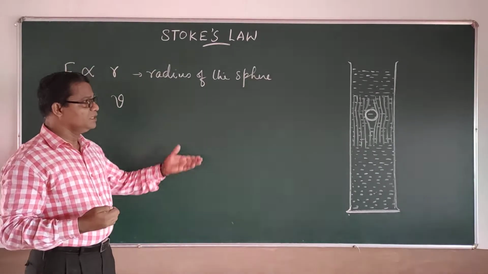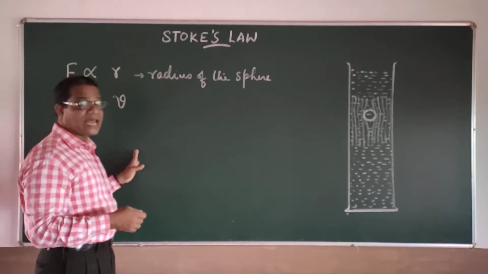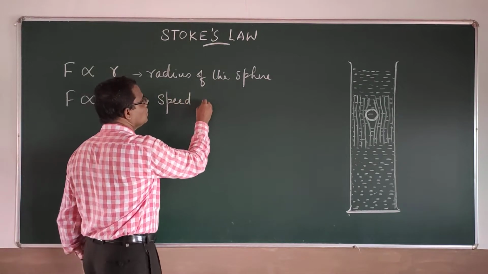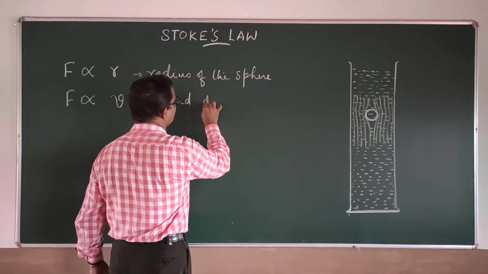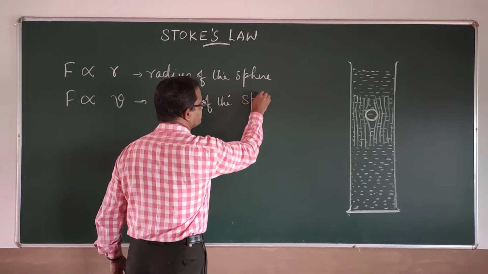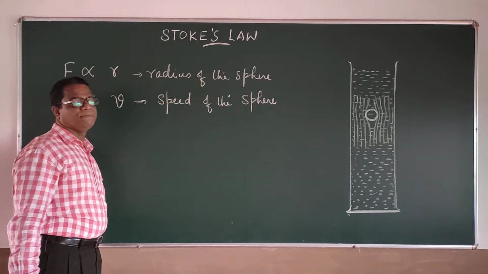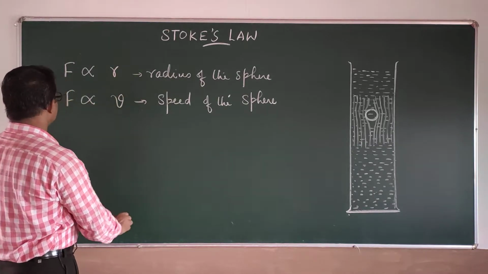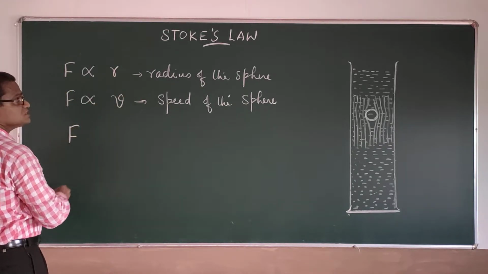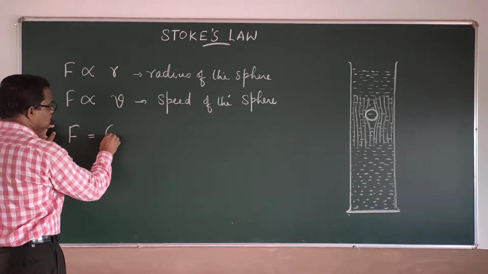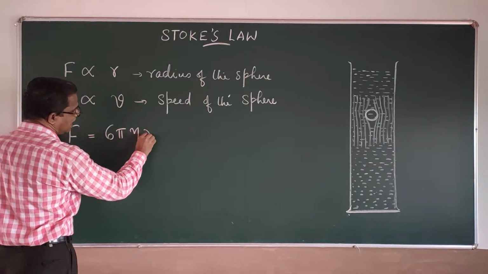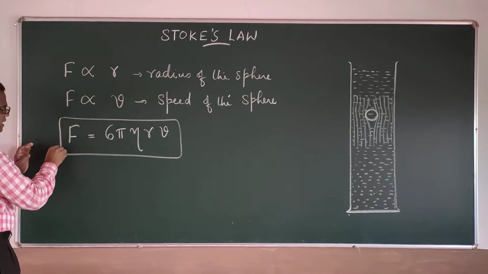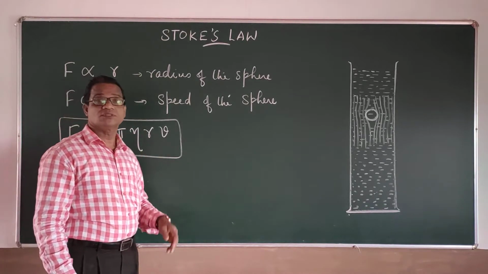If the speed of that ball is fast, then the viscous drag is also increasing. Taking all this, we can get an equation for the force, that is equal to 6 pi eta r v. This is the equation given by Stokes, and this is called Stokes' law.